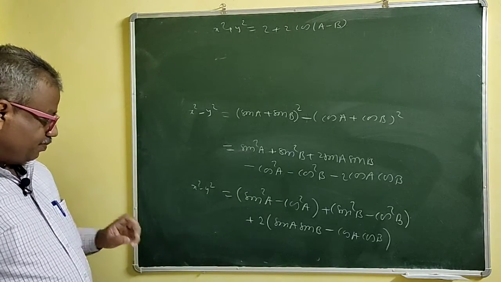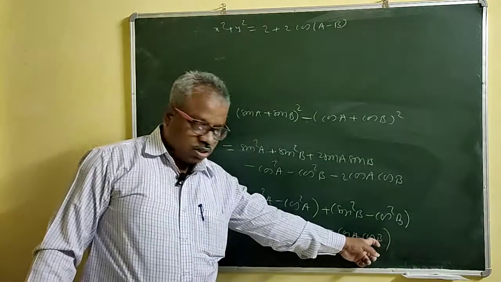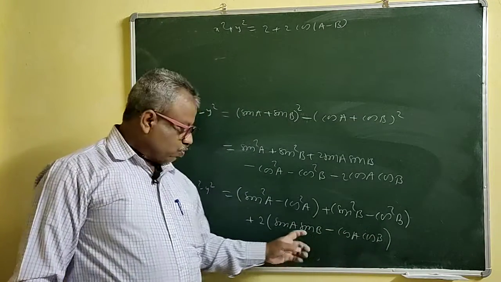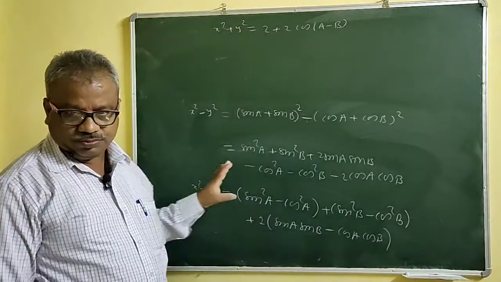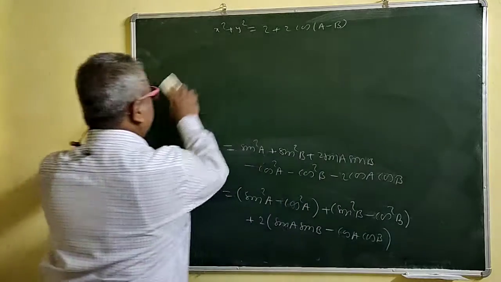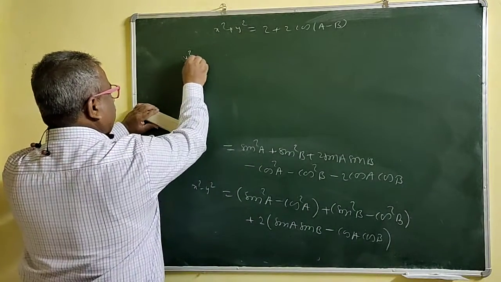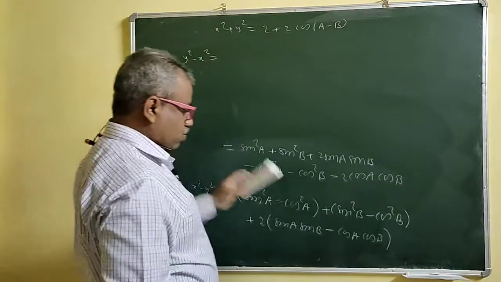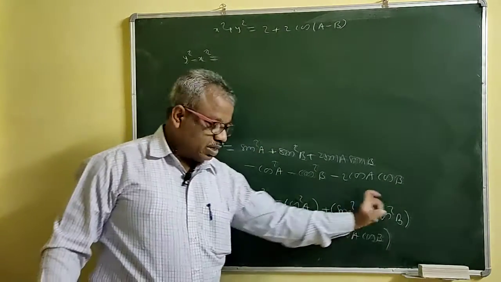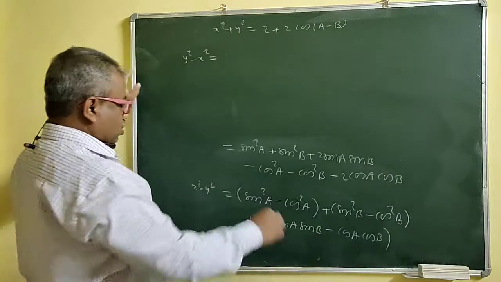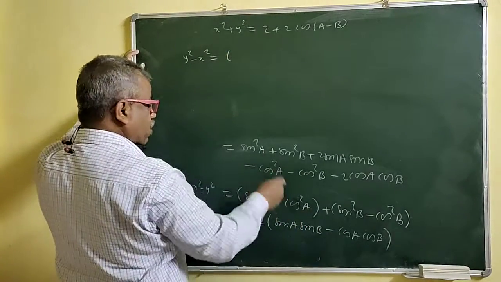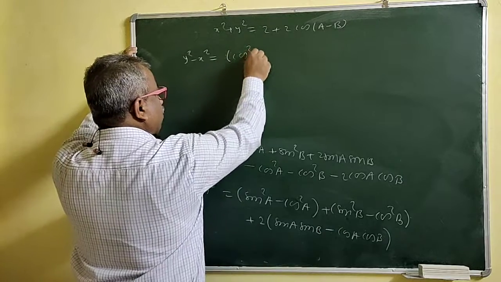But now see here, what we get here is minus cos A cos B. So what we want here actually. So we will change the sign of all now. So what we'll do, y square minus x square, right? Y square minus x square. So we'll change the sign of this bracket also. We'll interchange the terms, right? So all the outside signs will be as it is now. So what we are doing is interchanging the terms.